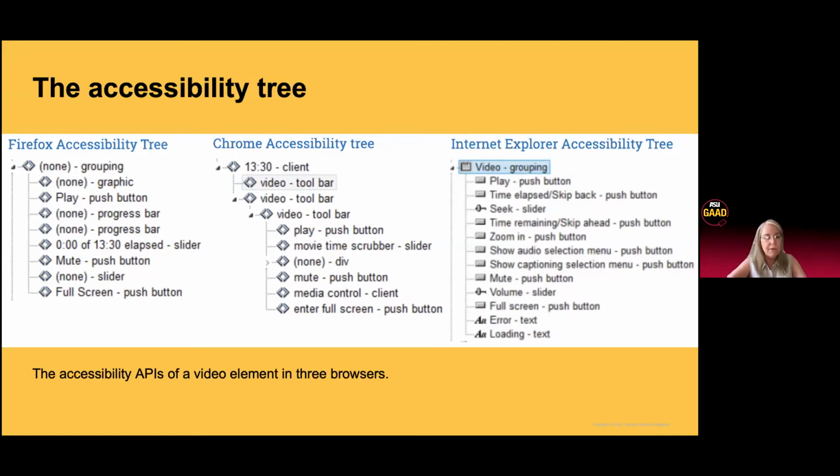All the visual information is stripped out, and what you're left with is an API describing the page structure, similar to the DOM API, but with a lot less information and fewer nodes. Different browsers have different accessibility APIs available to them, as the example here shows.